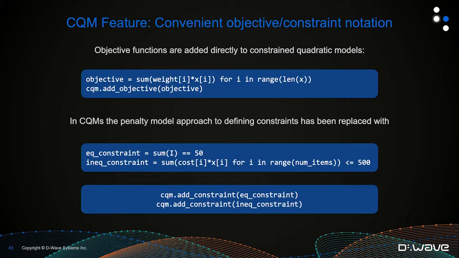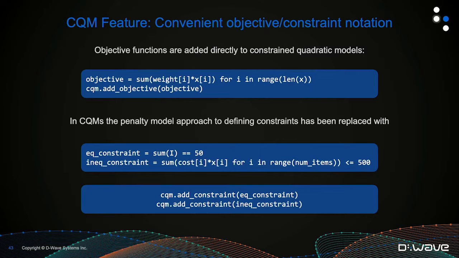If we look at the objective box, that first box on the slide, you'll notice that we're defining the objective using the sum function in Python. What's written here is pretty typical of any objective. We're multiplying some weight by each of the binary variables and adding that all up, so we're going to want to minimize the sum of that quantity.